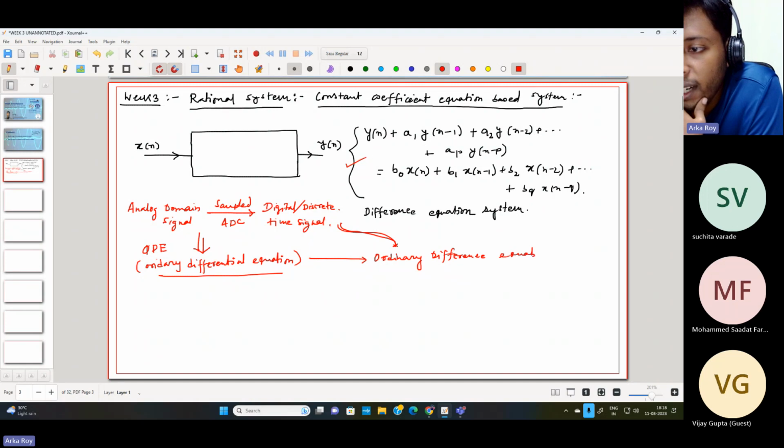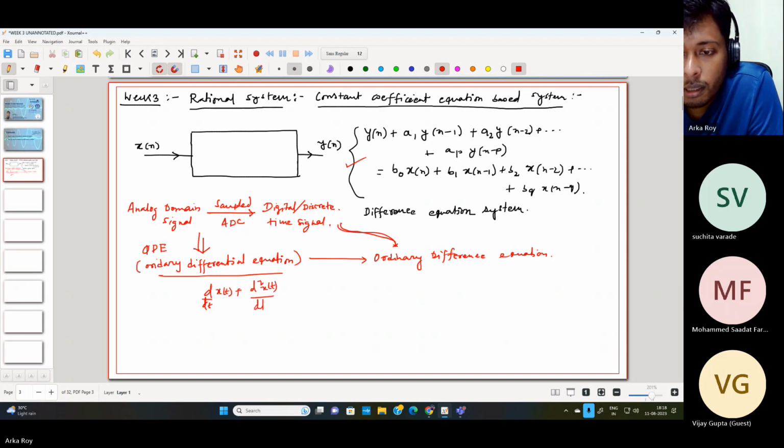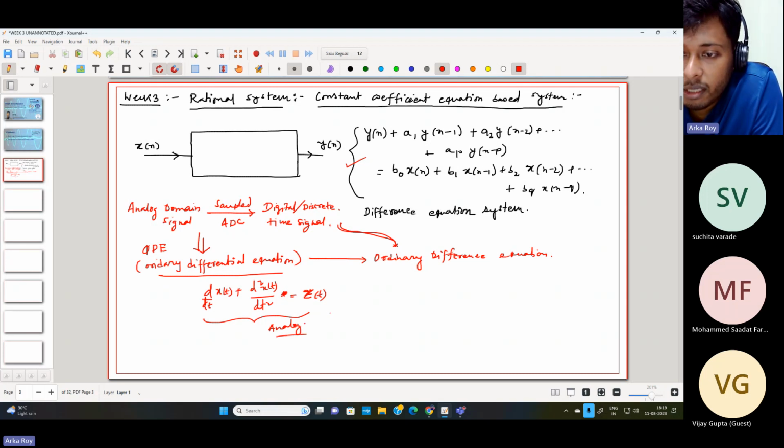That means the main analogy is that in the analog domain we have the differential equation, for example, d/dt of x(t) plus d²/dt² of x(t) equals, let us consider, z(t). This is what we had in the case of an analog system. We can actually see this system in the case of, let us consider, an RLC circuit.